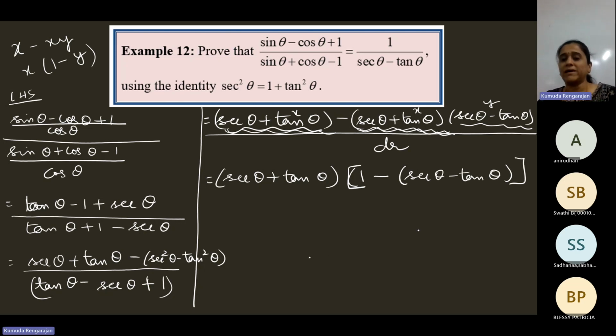Correct? 1 minus y. What is y? Secant theta minus tan theta. Put it in the bracket. After the minus sign, if you're writing only one term, you don't have to put the bracket. But after the minus sign, if you're writing an expression, something which has more than one term, please put it in a bracket.